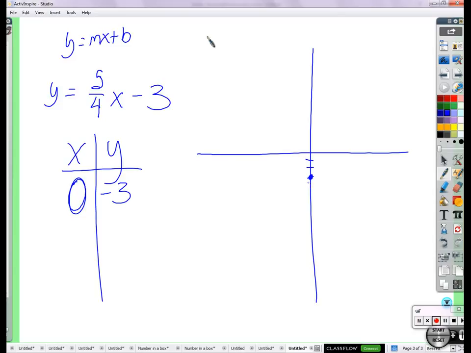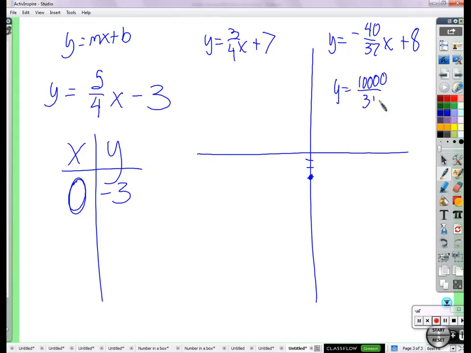Here, quick quiz. For this function, what will I get when I plug in 0 to that function? Plus 7. What will I get when I plug in 0 to this function? Plus 8. What will I get when I plug in 0 to this function?